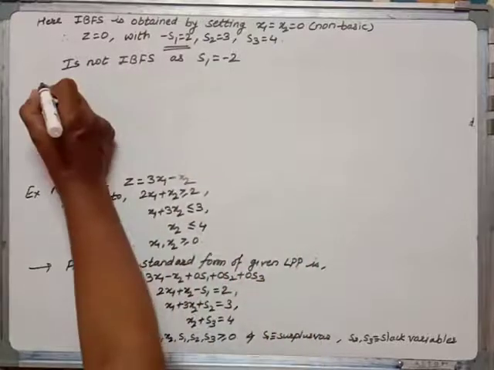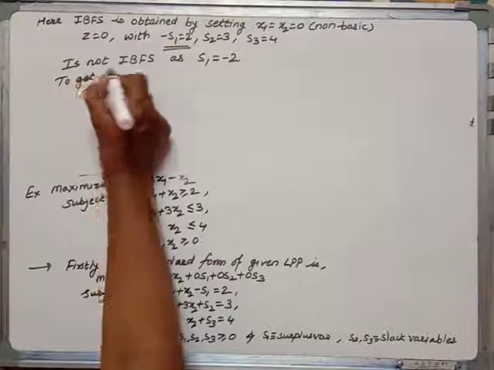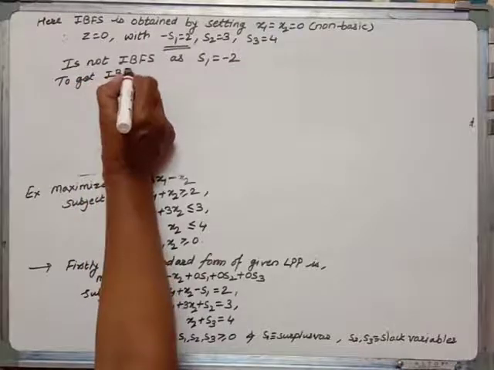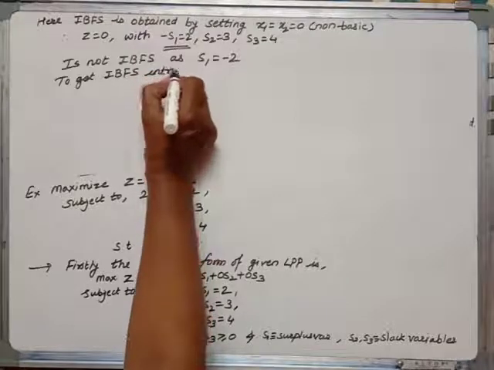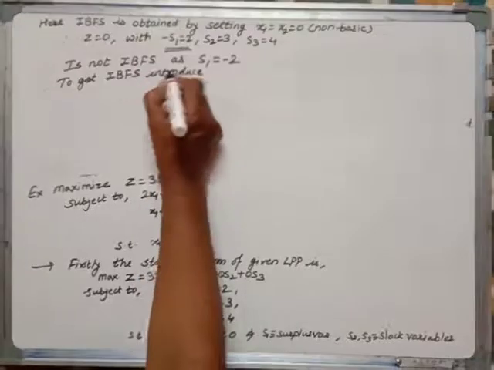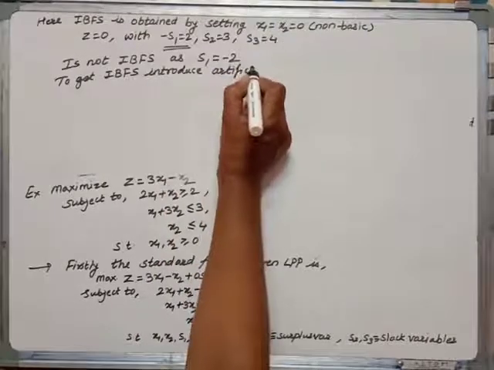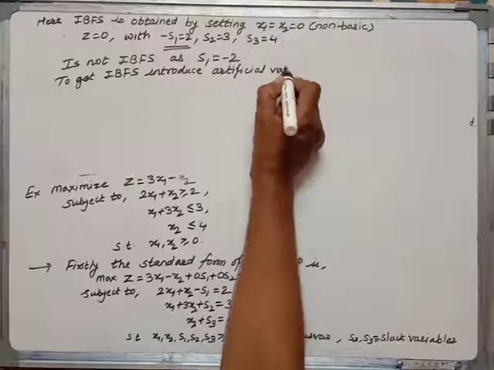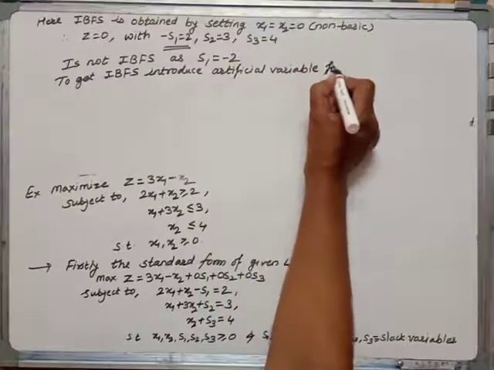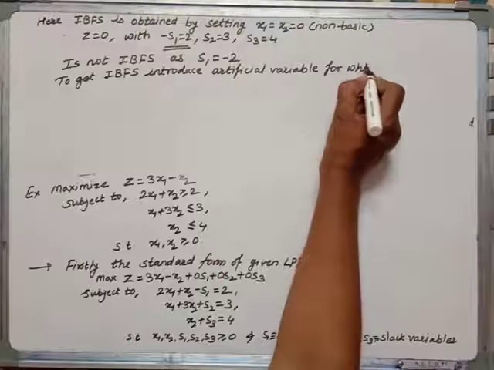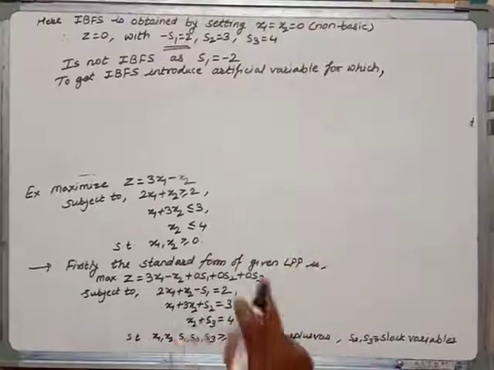Therefore, to get IBFS or initial basic feasible solution, introduce an artificial variable, for which the standard form will change.